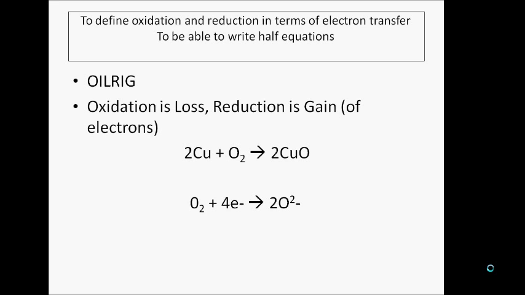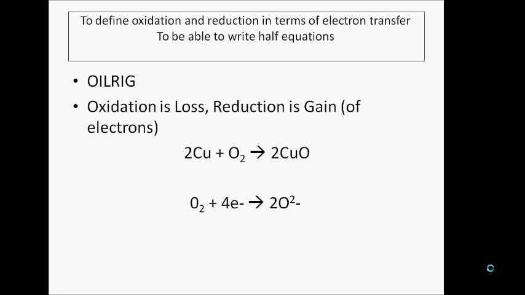Now we need to add 4 electrons to that oxygen to give the situation on the right hand side, where you've got 2 O2- ions. Each oxygen's gained 2 electrons to become 2 minus, and there's 2 of them, so it's gained 4 electrons in total. So that's the reduction half equation.